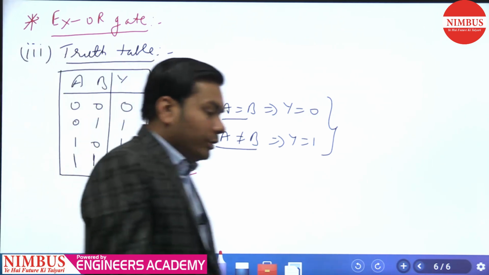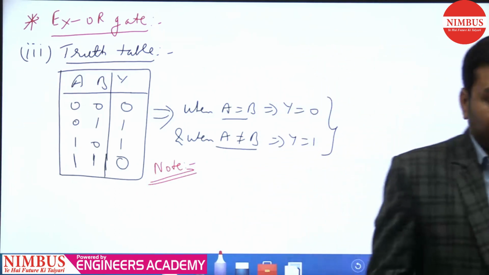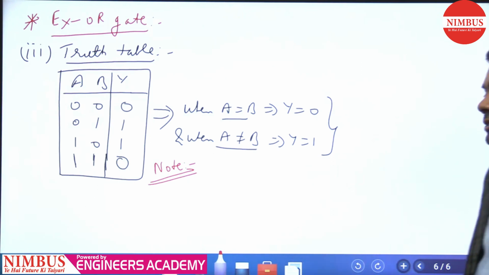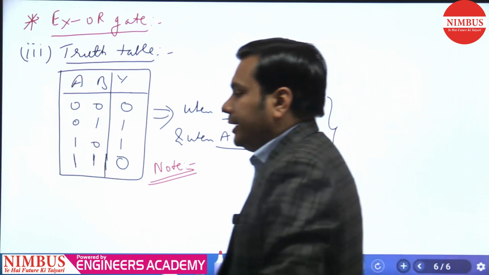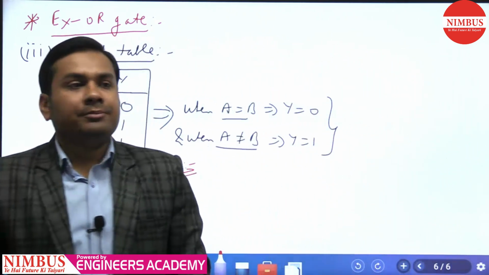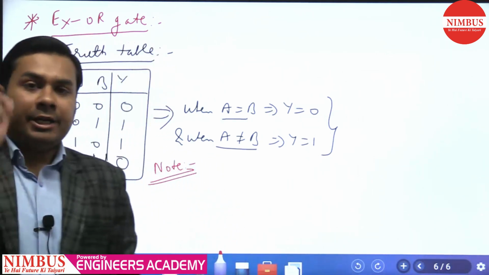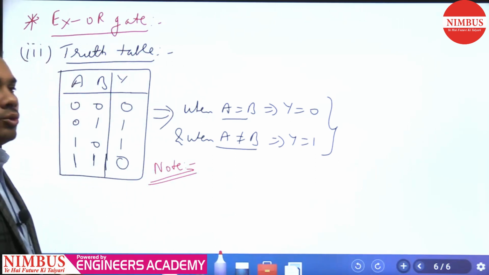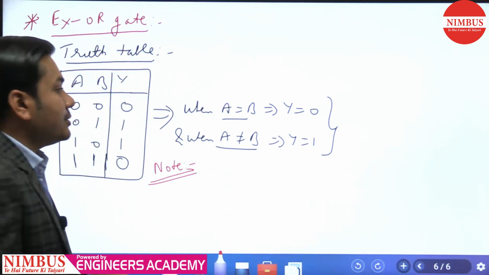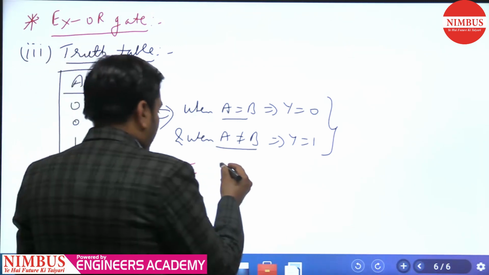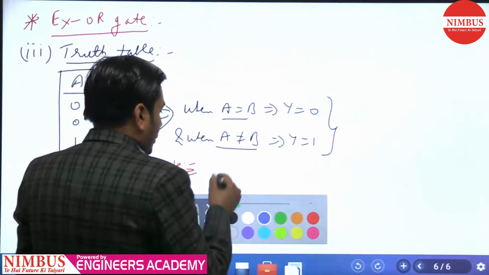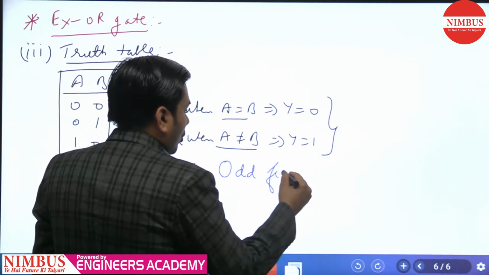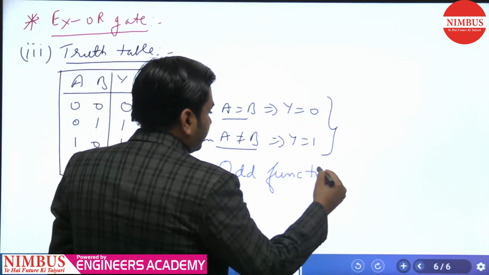Write it down in the note. It stands for the XOR gate, right? It is also called the odd function.